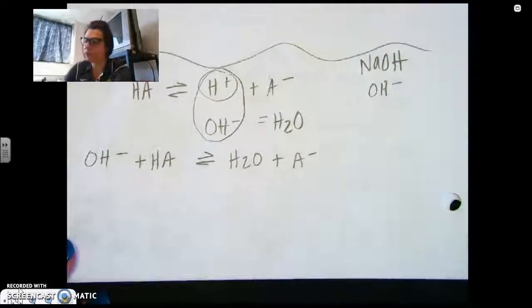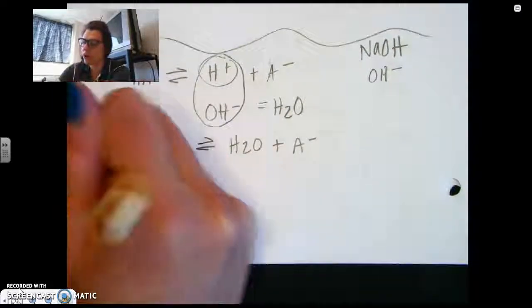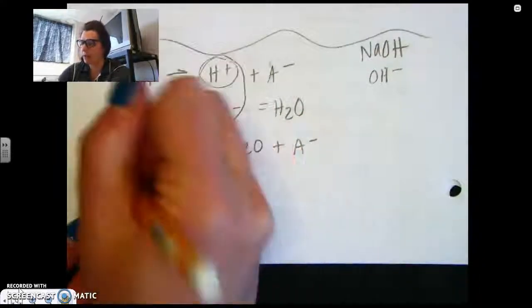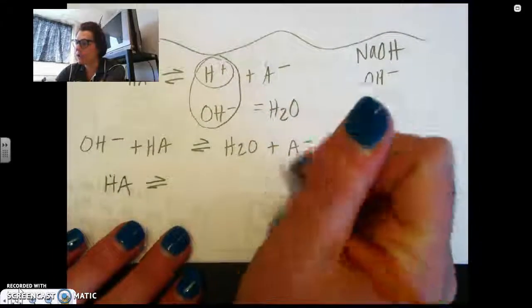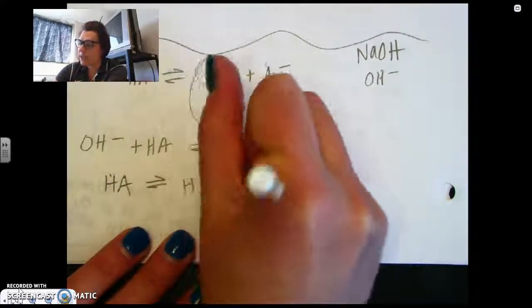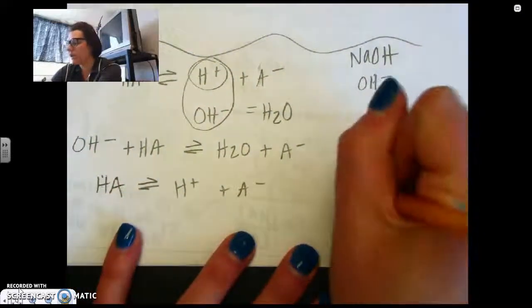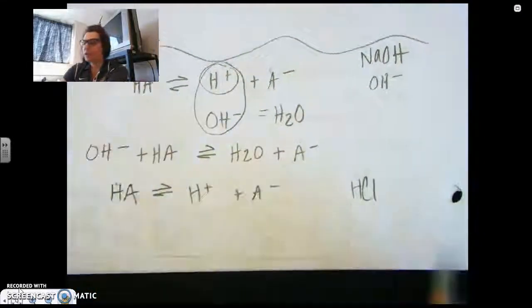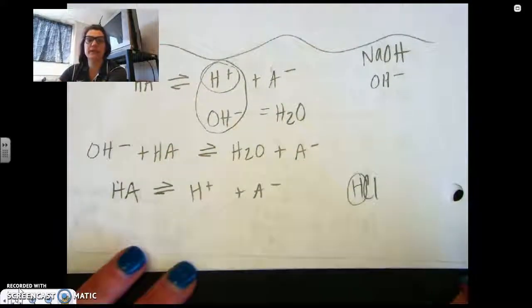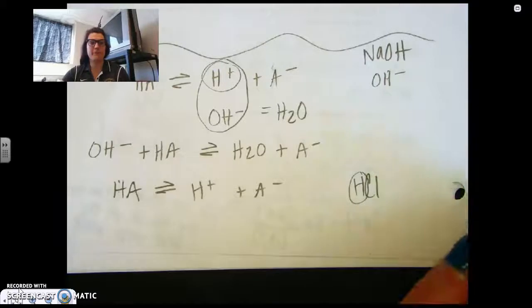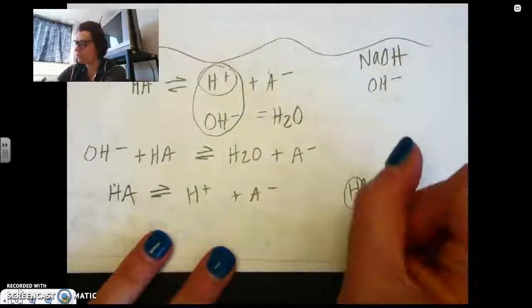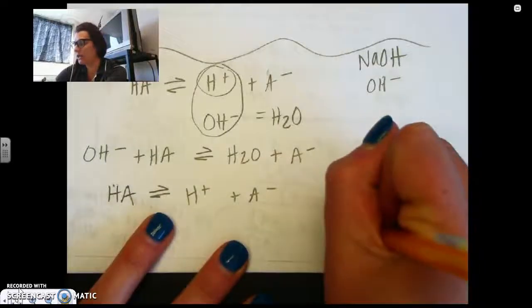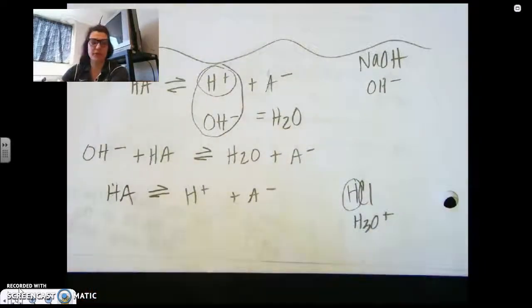Okay, what if I add a strong acid? What happens? Okay, so you have HA in equilibrium with the H plus and the A minus. Now let's say that we add something like HCl. Again, the H is the only thing that we really care about because HCl is a strong electrolyte, so it'll break into H plus and Cl minus. You have to remember that it's not just the proton, it's the hydronium ion that the strong acid creates.